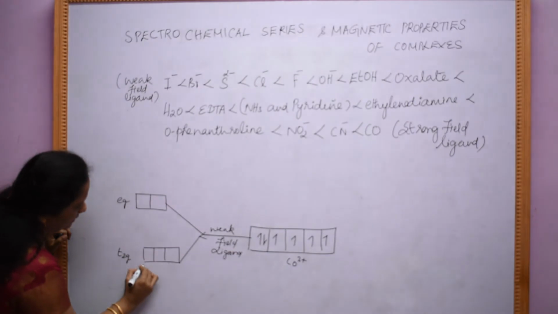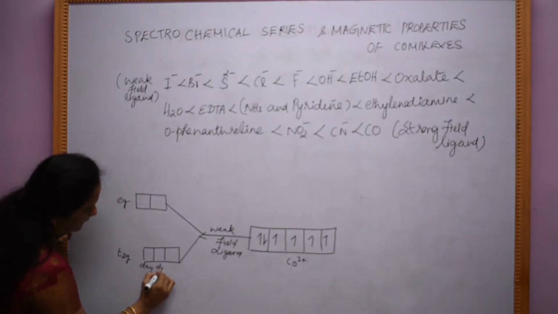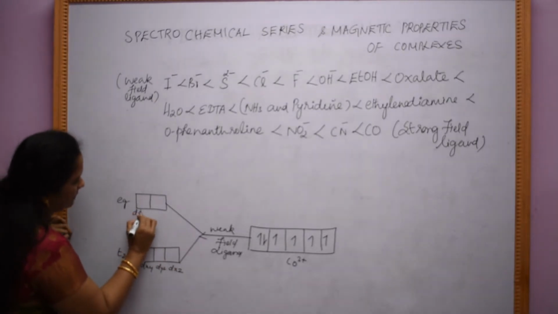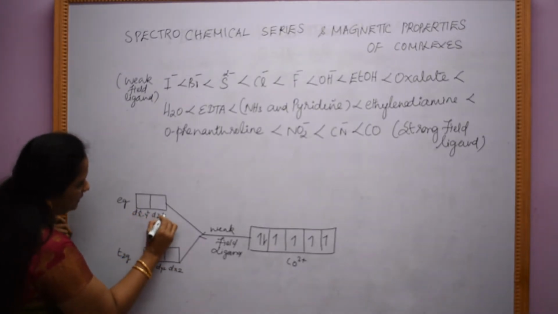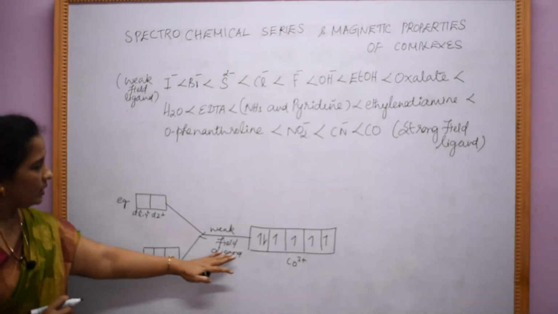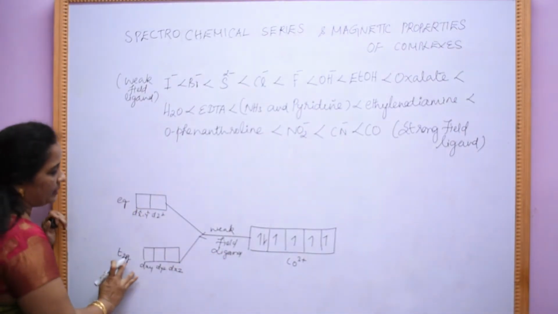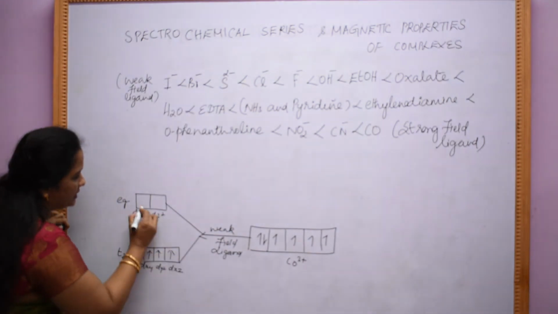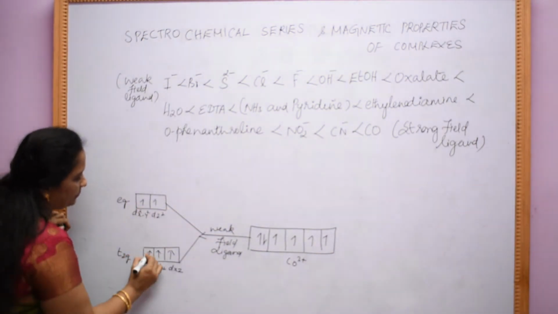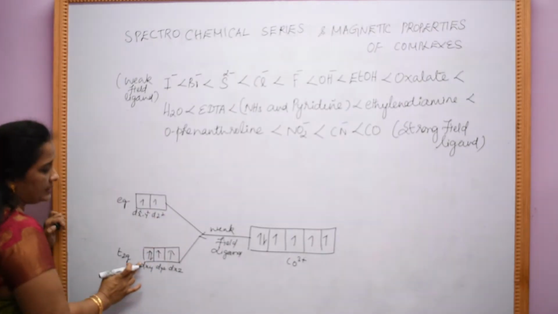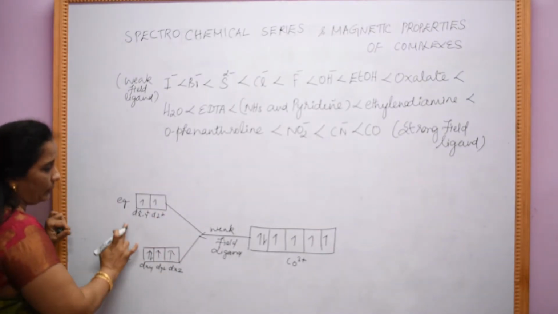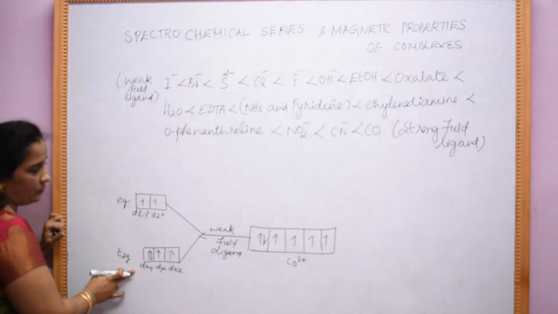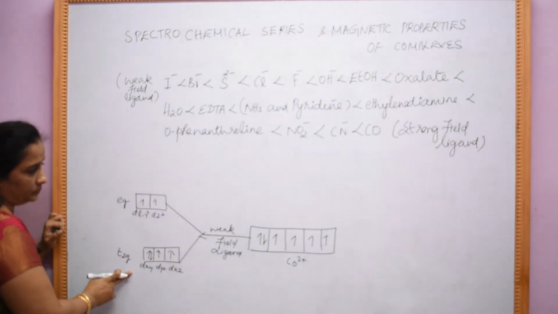This is T2g: dxy, dyz, dxz. Here it is dx2-y2 and dz2. Therefore, how are the electrons distributed in these sets of orbitals? Since the energy difference between the Eg set and T2g is less, the electrons are distributed in all the 5 d orbitals of the cobalt.